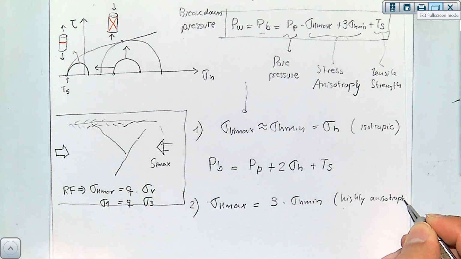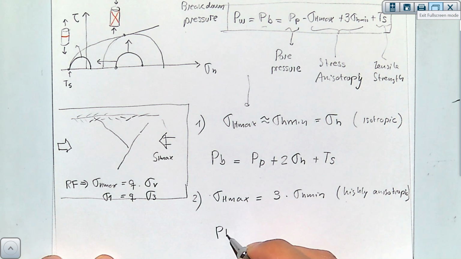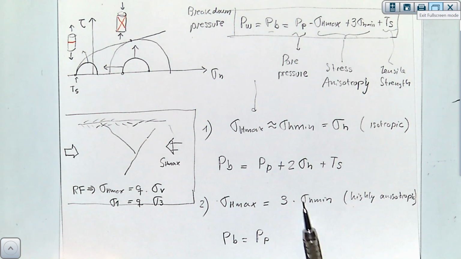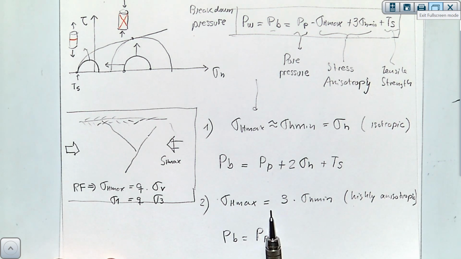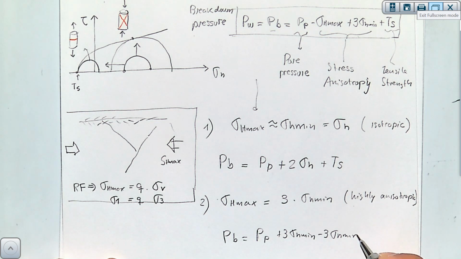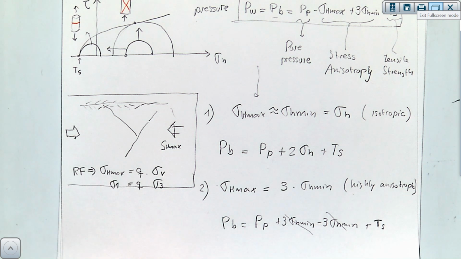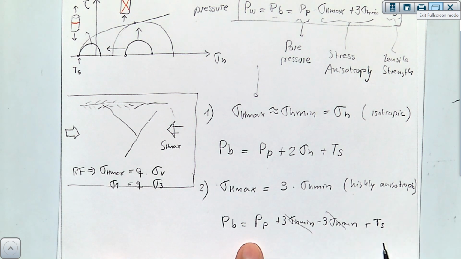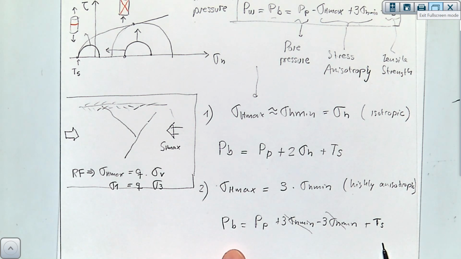And this would be a case which is anisotropic in terms of stresses. In that case, if I replace sigma x by 3 sigma h min, what this is telling you is that when you have high anisotropy, the only thing that is going to help you have a higher breakdown pressure in your wellbore is the tensile strength of the rock.